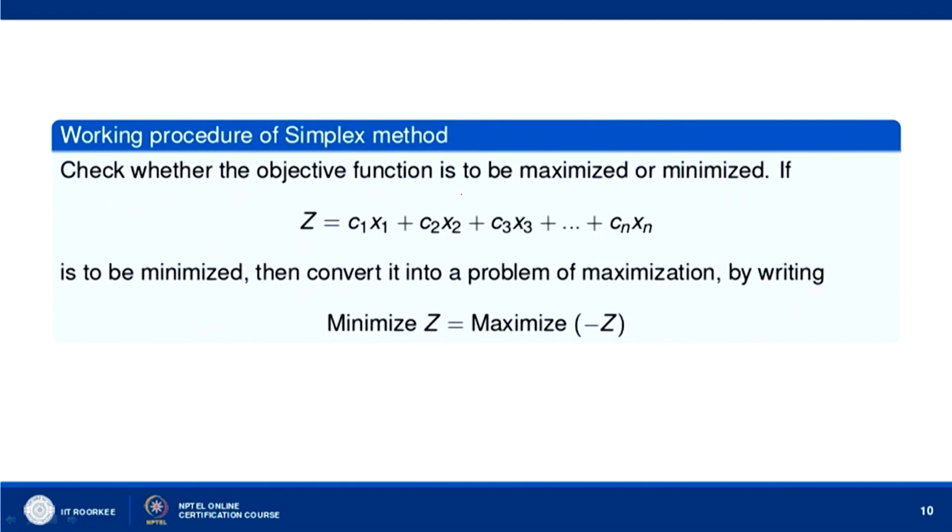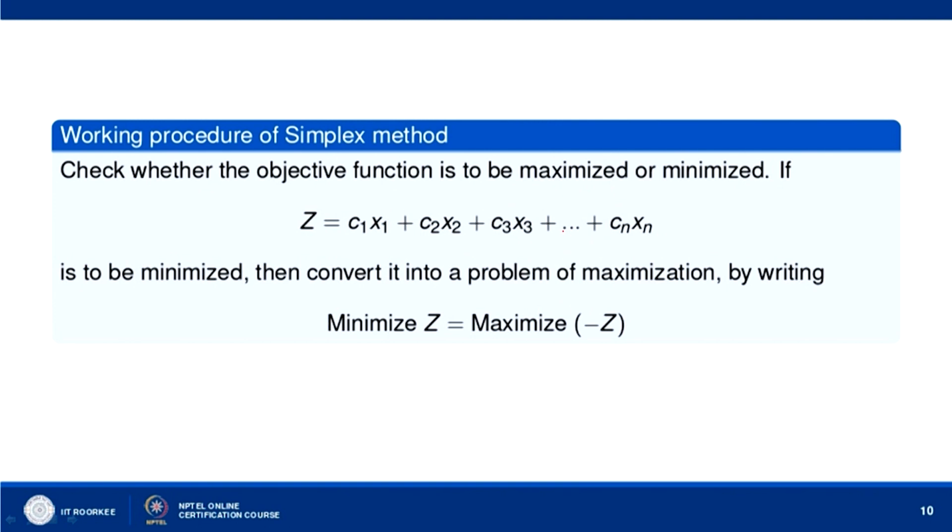First of all, when we start solving a problem by using the simplex method, we first check whether the objective function is to be maximized or minimized. If it is to be maximized, then it is okay. If it is to be minimized, then we will convert it to a maximization problem. So, in the simplex method, first of all the objective function has to be maximized.